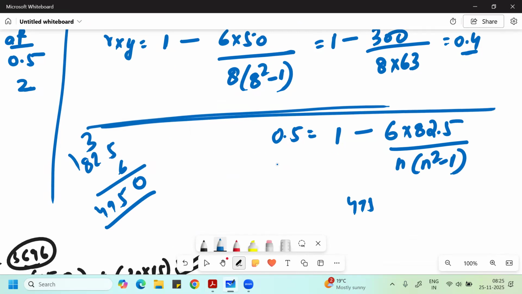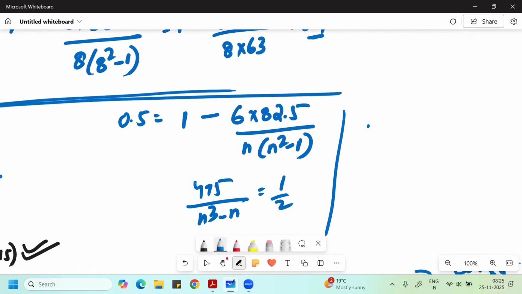So 495 by n cube minus n is 0.5. Let me write 0.5 as 1 by 2. So here I'll get n cube minus n is 495 into 2, which is 990.